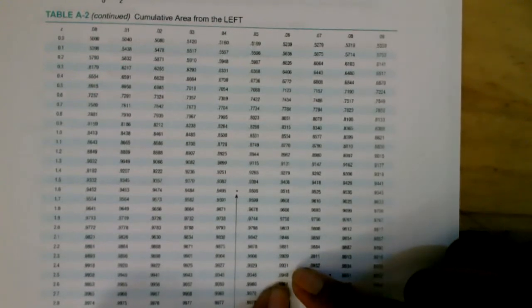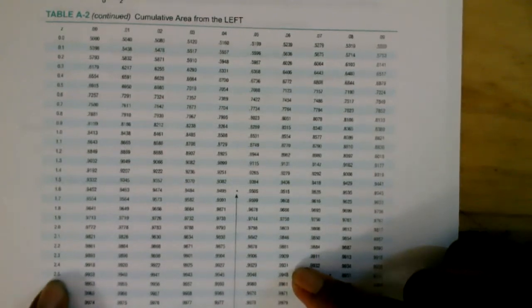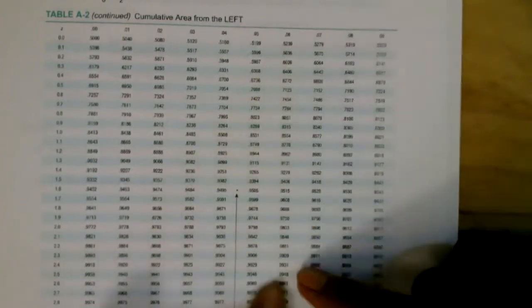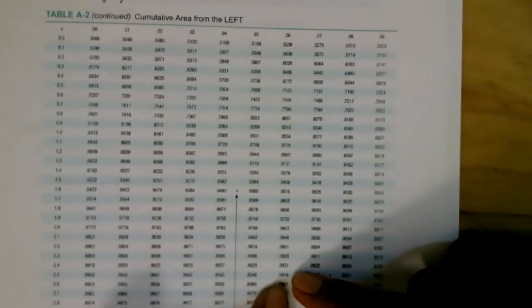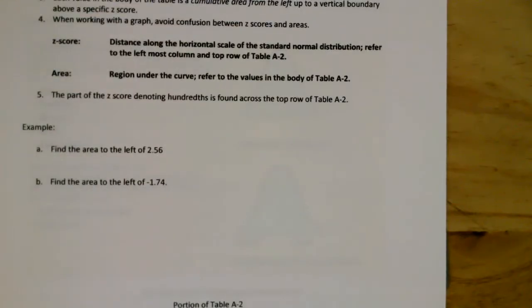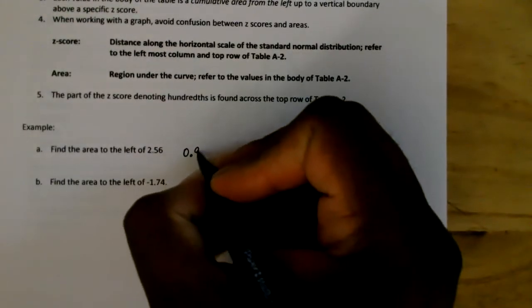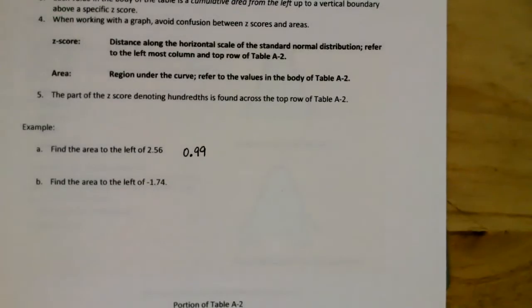And notice that decimal value is 0.9948. Again, here's 2.5 and here's 0.06. Read across and then down. You'll see that it's 0.9948. That represents the area to the left. So the area to the left of that would be 0.9996.